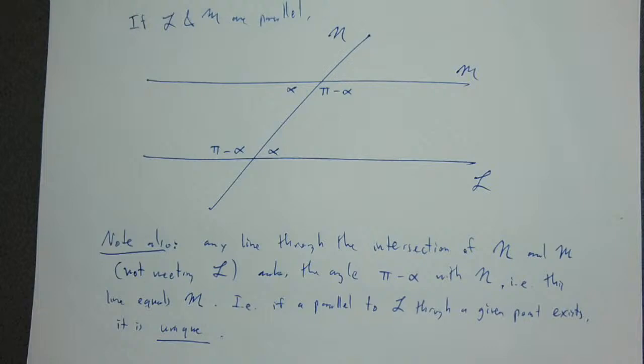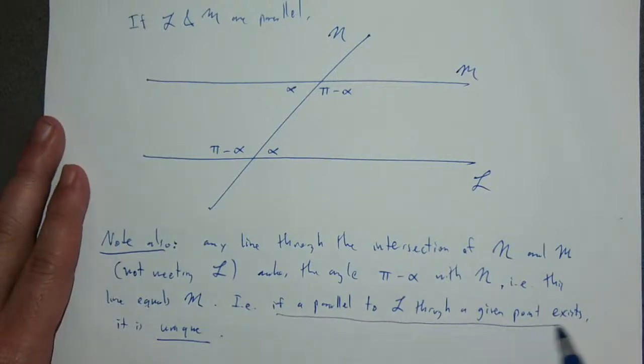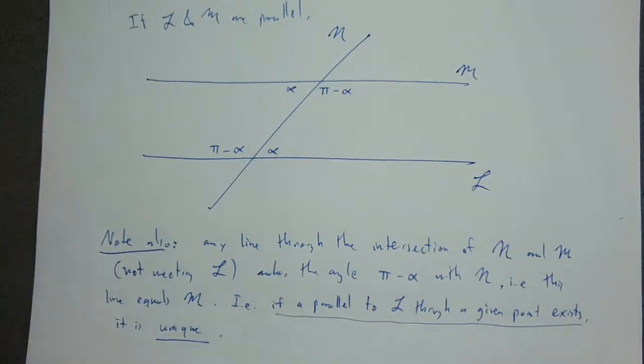Okay. So, using this setup of the parallel postulate, we've shown that if a parallel to L through a given point exists, then it's unique. Okay.